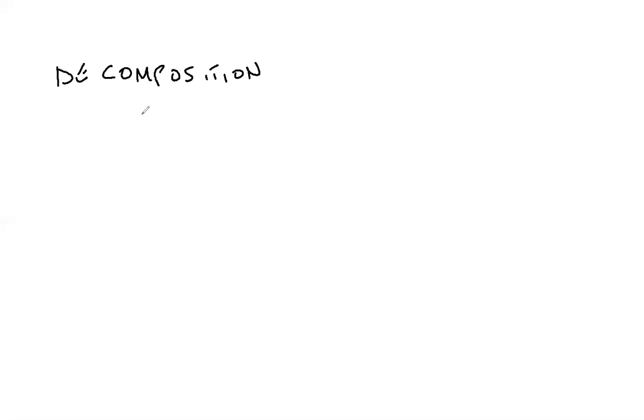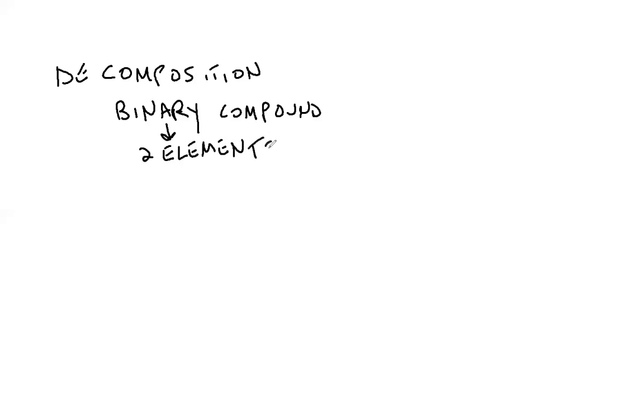So one of the simplest decomposition is when we have a binary compound. And this binary means that we have 2 elements. We can have any number of atoms of each element, but we can only have 2 elements. So binary compounds can undergo decomposition and break down into their elements.